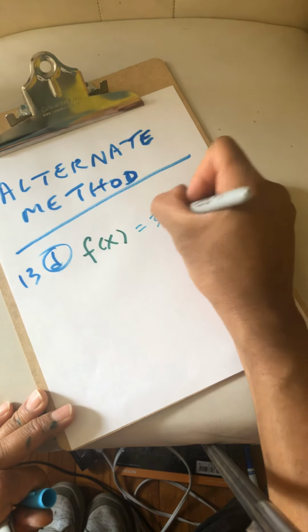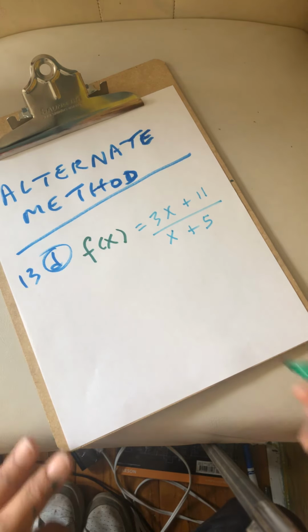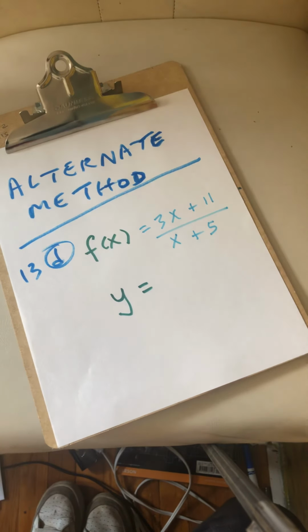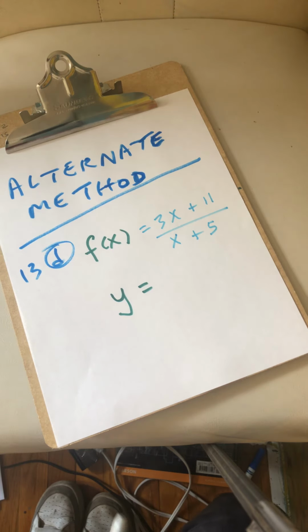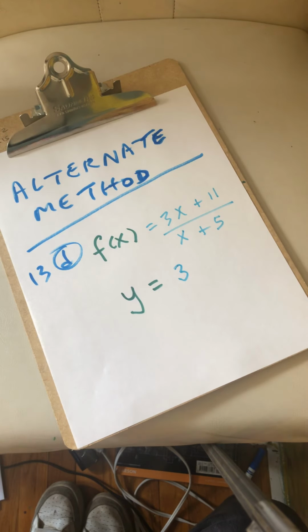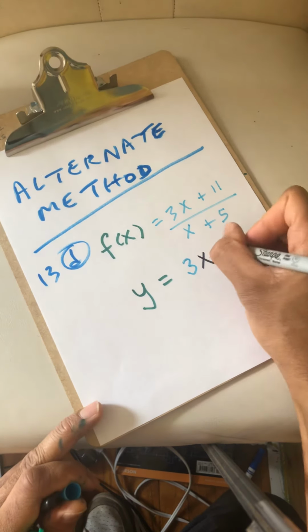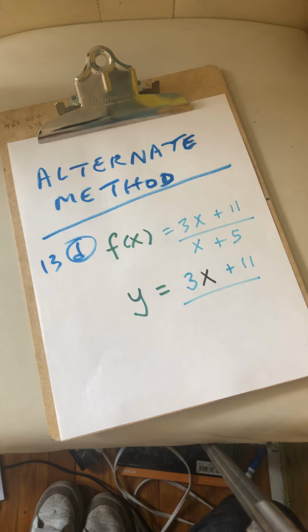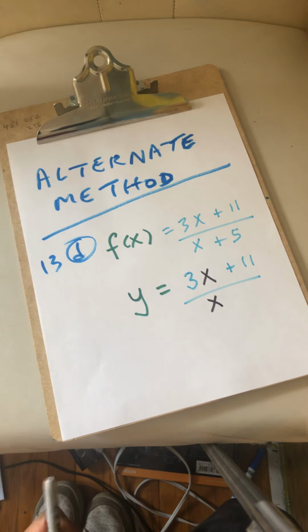You're going to rewrite this as y is equal to 3x plus 11 over x plus 5. I'm using the color code for a reason.